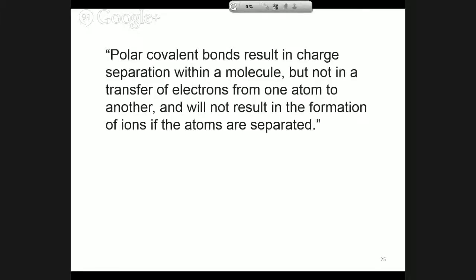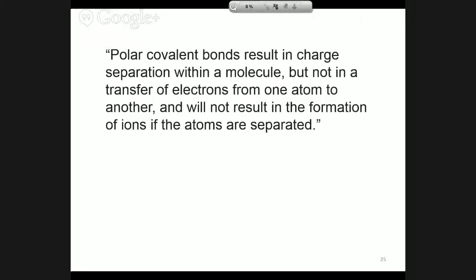So this kind of gets at what you're saying, Aaron, about defining things as polar. The word polar refers to something that has two extremes, kind of like a magnet has a north pole and a south pole. Here we're talking across the bond, there's a positive end and a negative end.